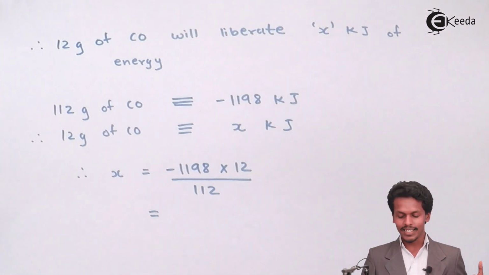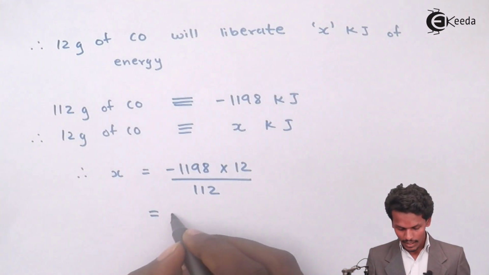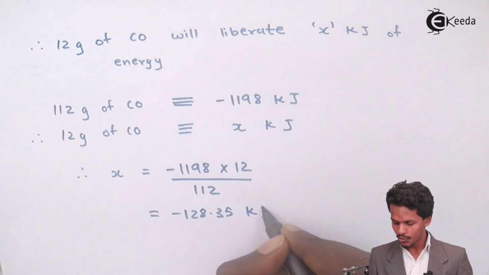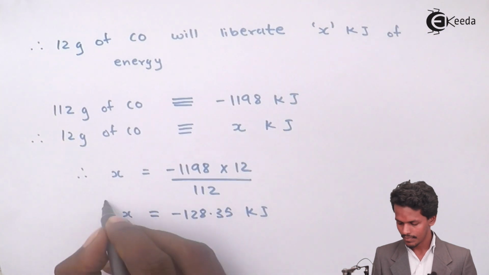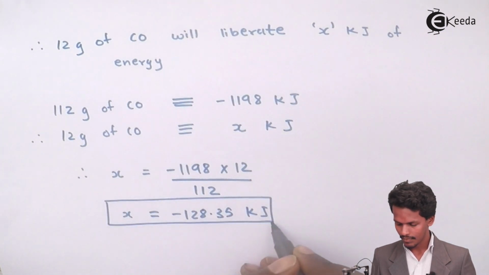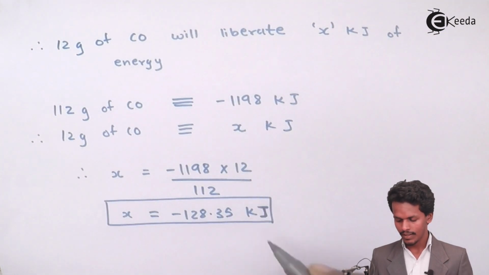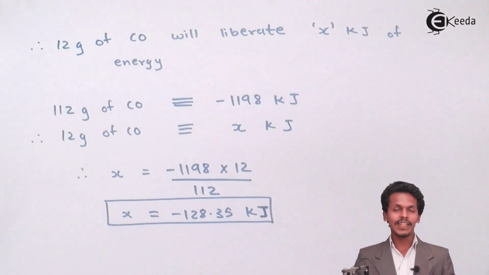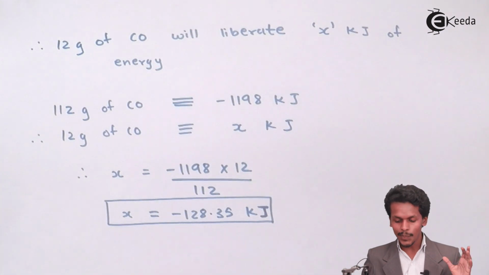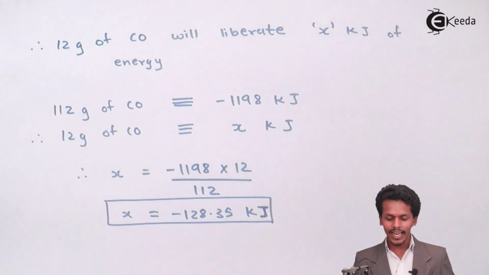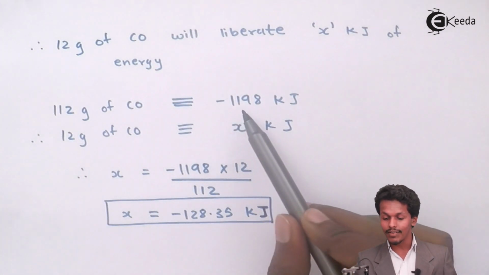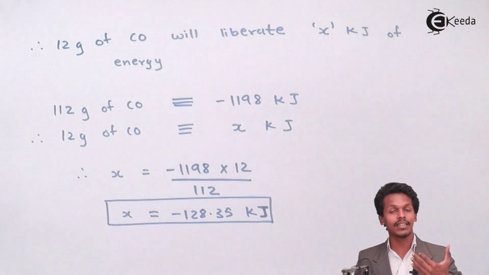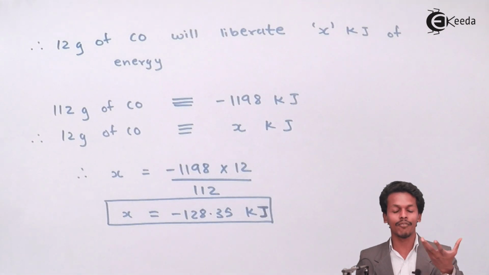So we have got the answer as minus 128.35 kilojoule. This is the final answer. If 112 gram of carbon monoxide liberates 1198 kilojoule, the minus indicates that the heat of reaction has been evolved.